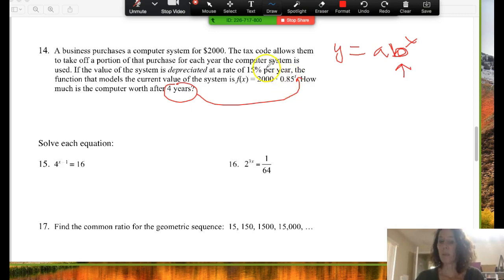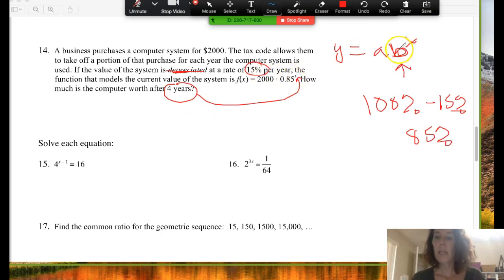And the reason this is 0.85 at 15% a year, because it's depreciating. So you would have a whole 100%, and when you subtract off 15% per year, that's 85%. So that's why you have this formula, okay? The base is between 0 and 1, so it's depreciation, it's decay.